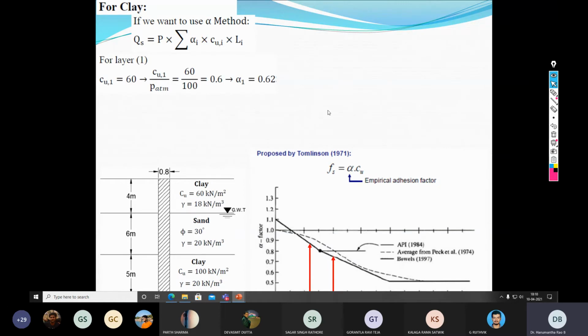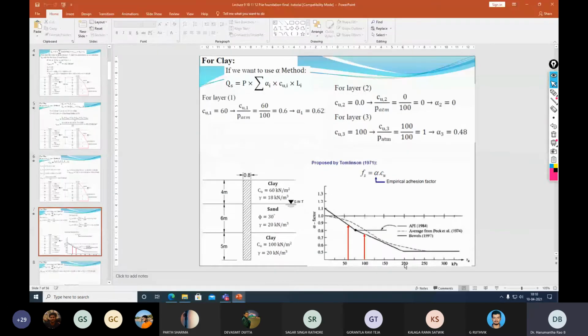Now here there are two philosophies available. The alpha can be calculated in two ways. In one of the books, they have taken the ratio of Cu by P atmosphere, and from that they picked up the value of alpha 1. These tables are available corresponding to the ratio of Cu by P atmosphere versus alpha.